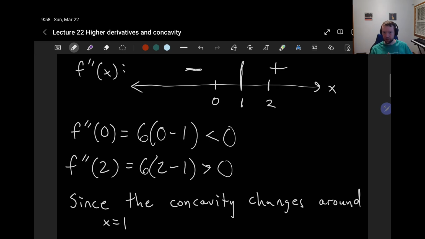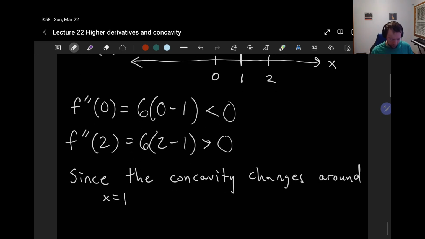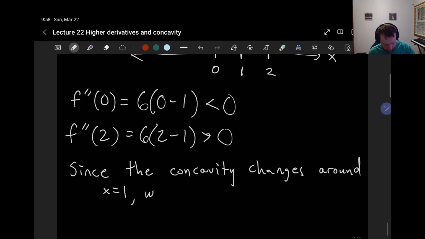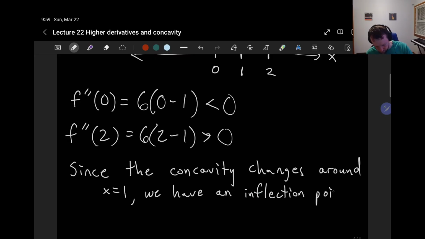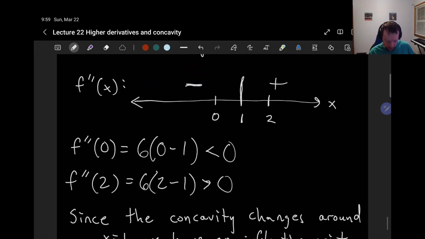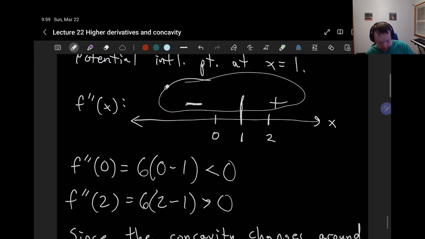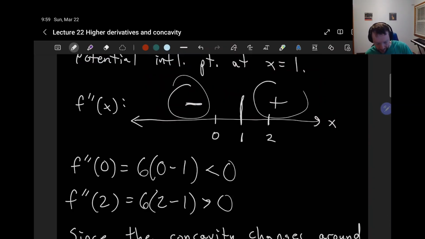So we know that it changes, therefore we have an inflection point. We did need to check that to make sure, because it could have been a scenario where it's negative and then negative again over here. Now that's not what happened, but it could happen in theory. So you need to check.